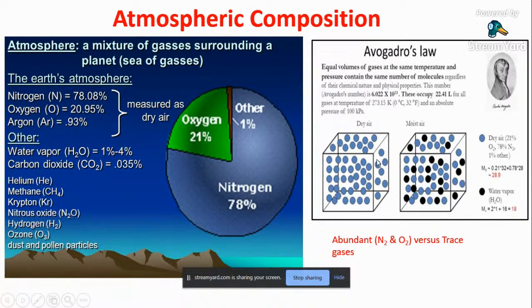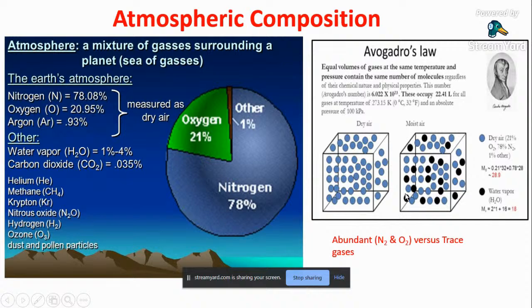If you compare dry air versus moist air, which has more mass? Take the same unit volume of air. Dry air contains only oxygen and nitrogen and 1% of other gases. If you add everything up, the molecular weight is only 28.9.